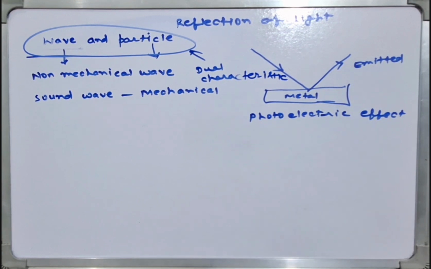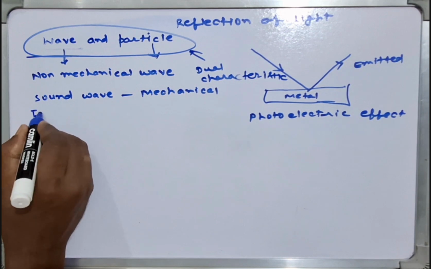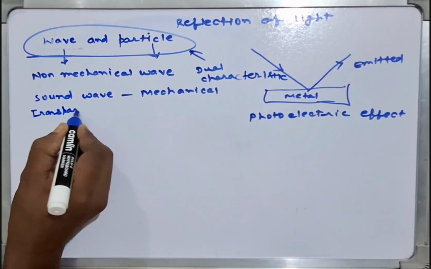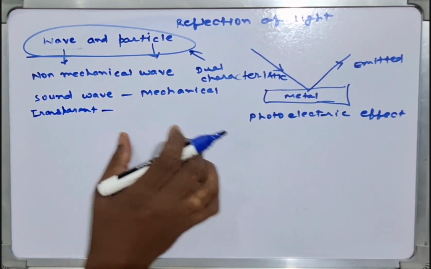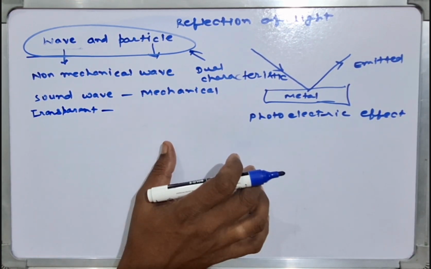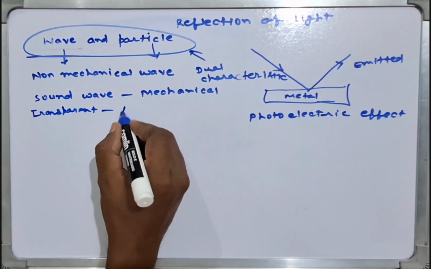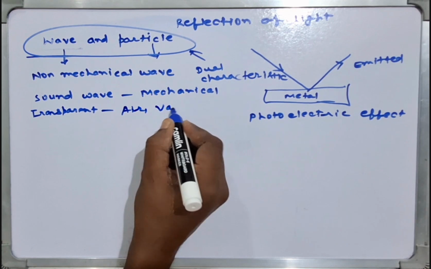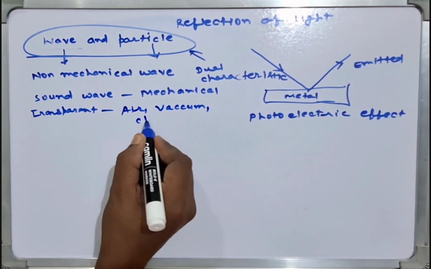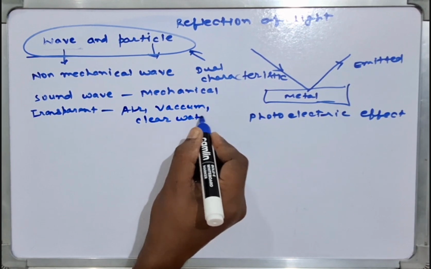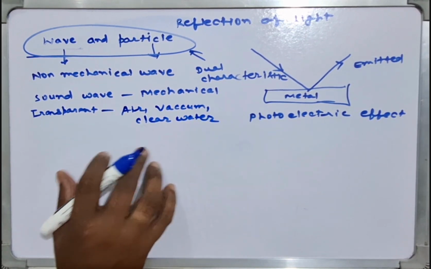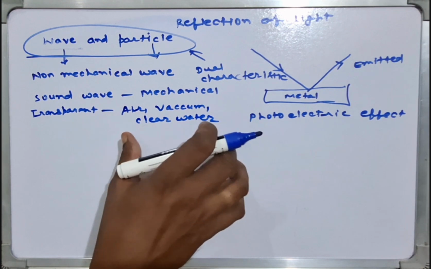Now, in which medium can light travel? If the medium is transparent, light can easily travel from one place to another, from source to destination. So we can say air, vacuum and clear water. I am saying clear water, meaning there is no suspended particle in it.